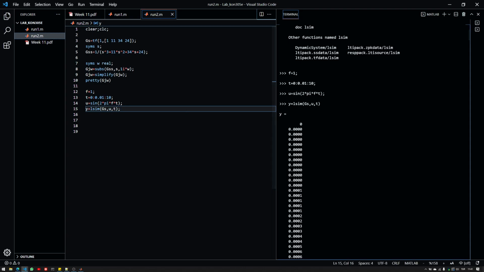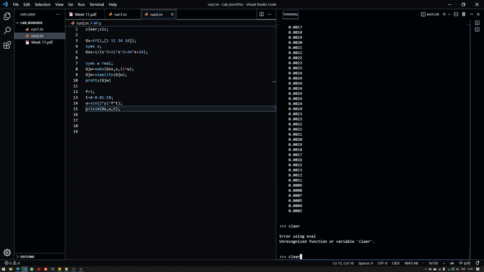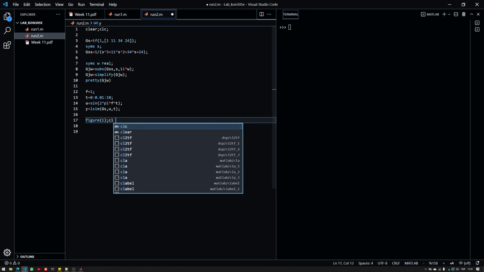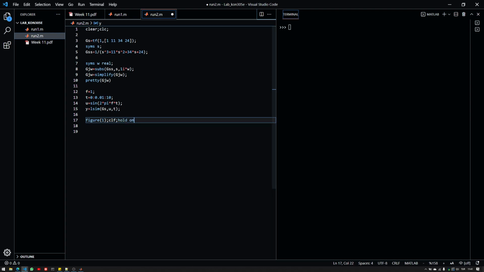So let's also create a figure and plot the input versus output. So t comma u, maybe black, and then line width 2, and for the output.